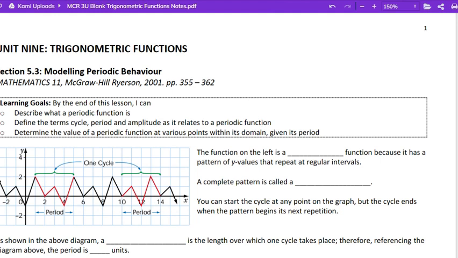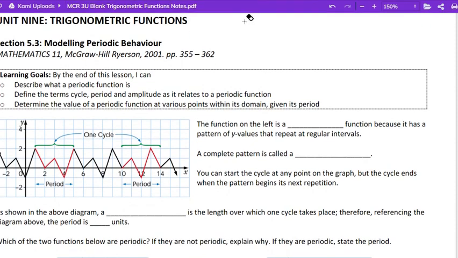And now we're finally getting to the point where we connect it all as a function. So we're going to learn what the sine and cosine function look like. And in grade 12, you are going to learn what the tangent function looks like. Okay, we don't do tangent in grade 11. And it's a little more complex because there are vertical asymptotes.